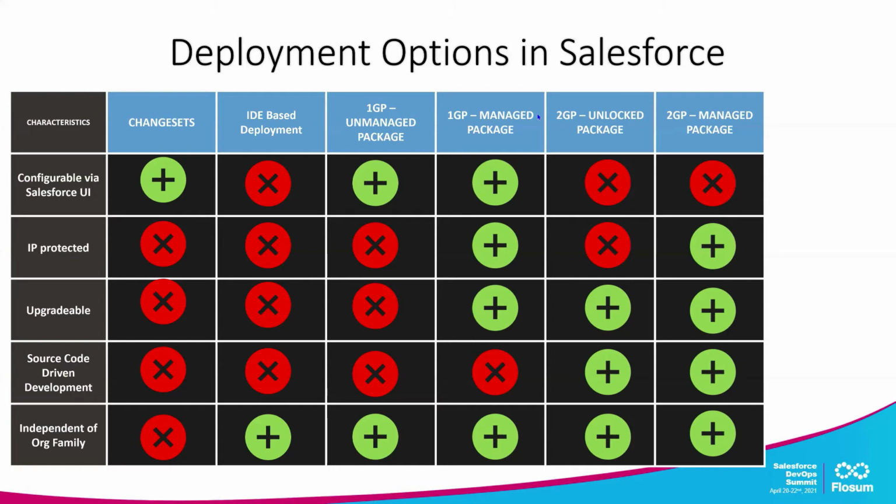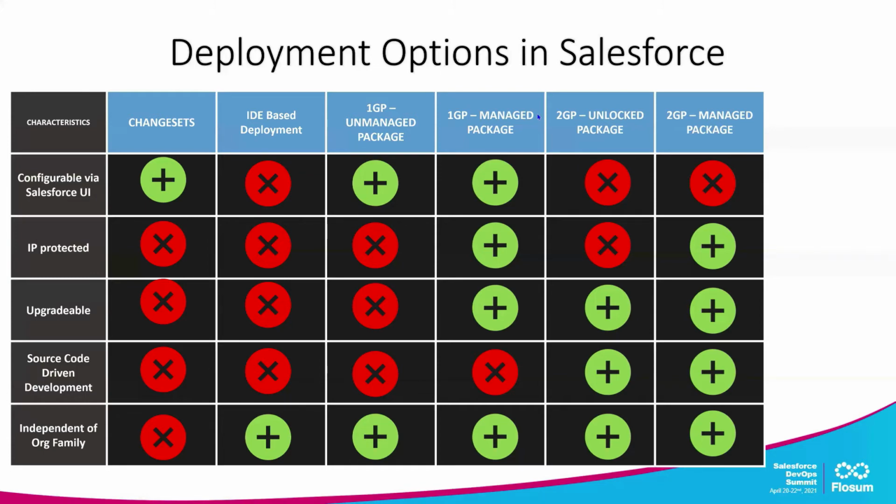The next one is really the IDE-based deployment. With the explosion of VS Code and everybody's usability now, we also call this in our Salesforce world brute force deployment, where you are retrieving all the metadata from the source orgs. You are cleaning that up manually. You are updating your package.xml.